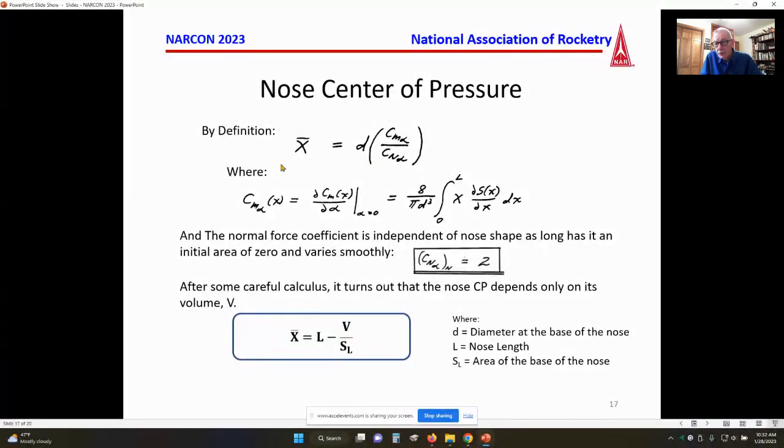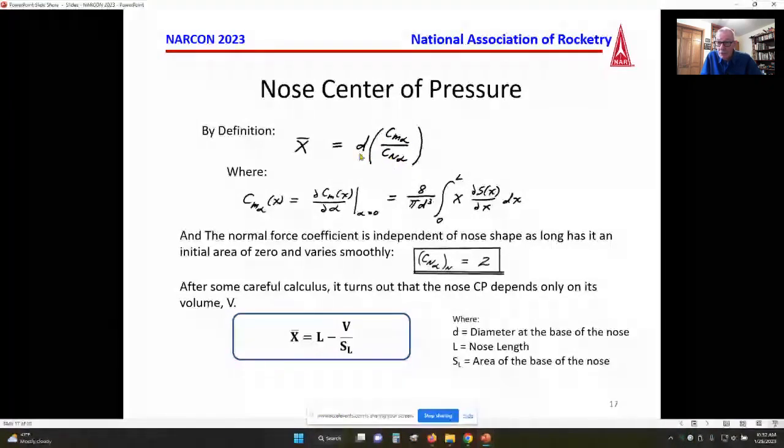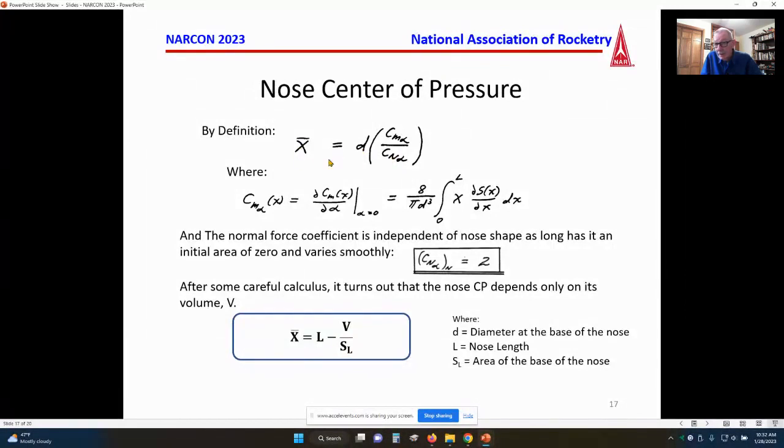So to get the center of pressure of the rocket, you take the CMA, the moment coefficient, divided by the normal force coefficient. Okay, moment divided by force times the diameter, and that gives you the distance from the tip of the nose cone to the center of pressure. The CM alpha is again the slope of the CM alpha curve at alpha equal to 0.